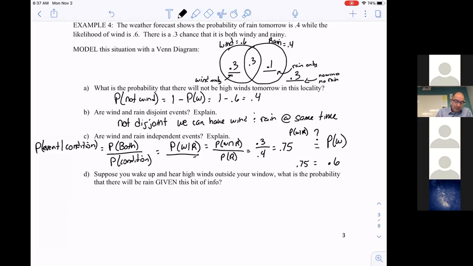So therefore, they are not independent. Okay, and I barely squeezed that in there, but anyway, there we go.